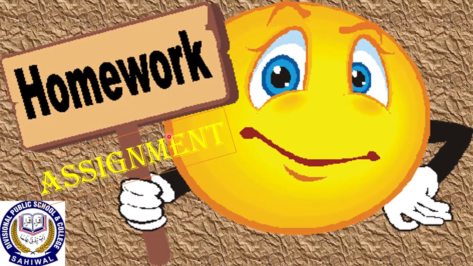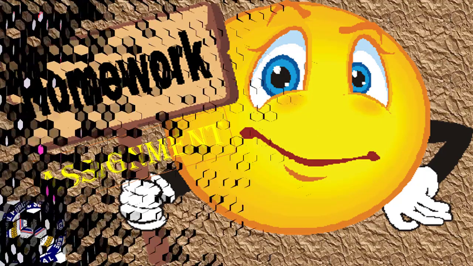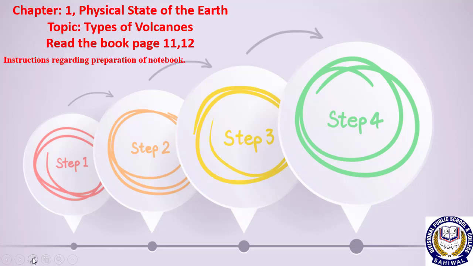And now is the time for your homework assignment. Chapter number 1, Physical State of the Earth. Topic, Types of Volcanoes. Read the book pages 11 and 12. Instructions regarding preparation of notebook. Step 1.